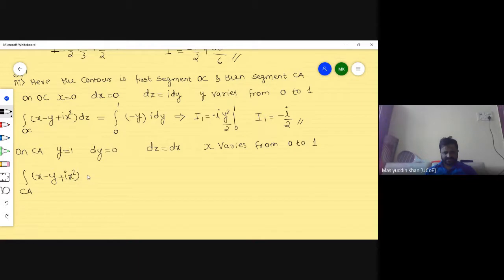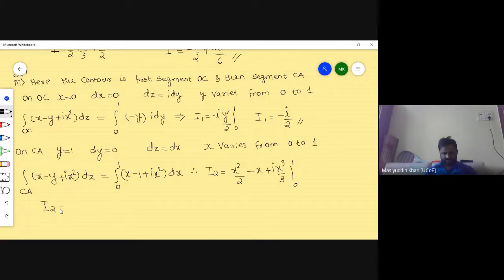So dz as it is, taking the limits 0 to 1, x as it is, minus y is equal to 1, so minus 1 plus I x square into dz, which is equal to dx. Substituting dx and integrating this part as I2 is equal to x square by 2 minus 1 as it is, so x as it is, plus I x cube by 3, limit points as it is 0 to 1. So we have to simplify this part.